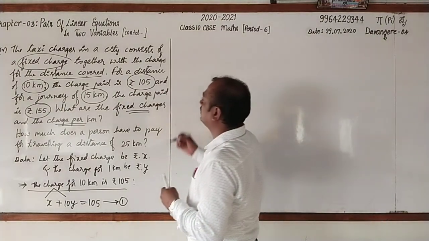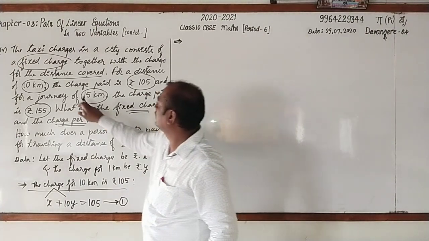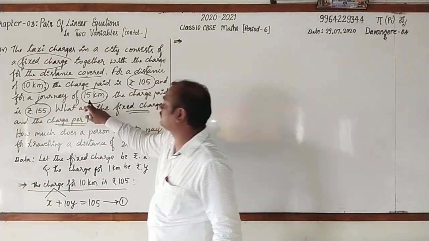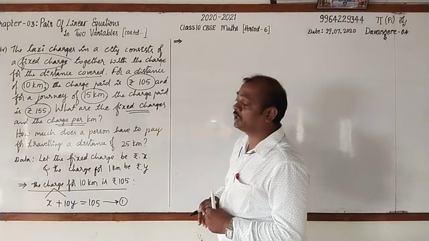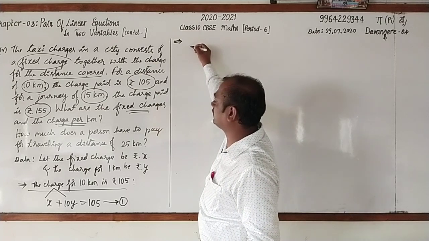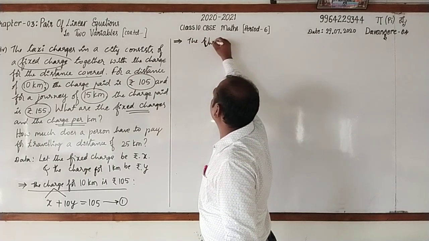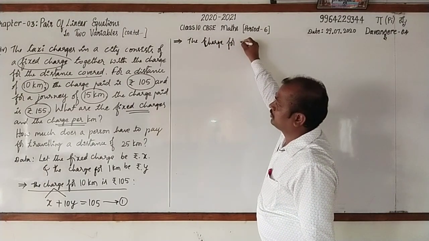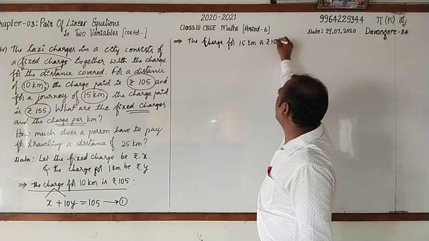Next we have another situation. That situation is: the charge for a journey of 15 kilometers, the charge paid is 155. Here I'll write the charge for 15 kilometers is rupees 155.